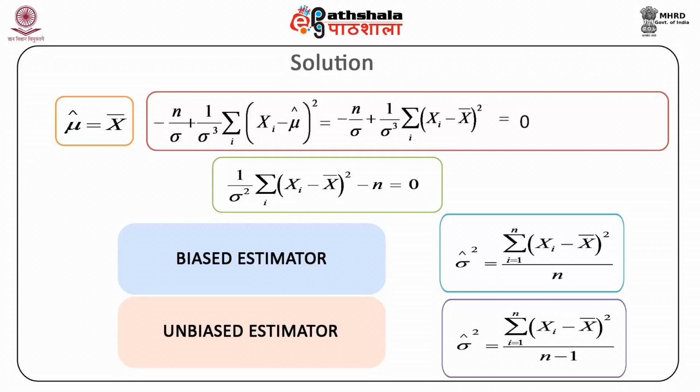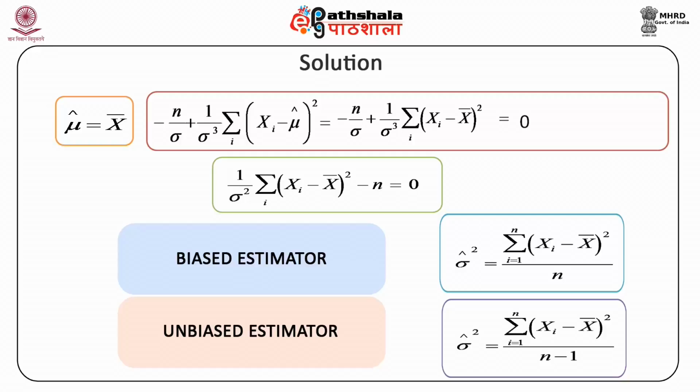The principle of unbiasedness and maximum likelihood yield two different estimators for sigma square. However, the MLE is asymptotically more efficient. Its small variance more than compensates for its bias.